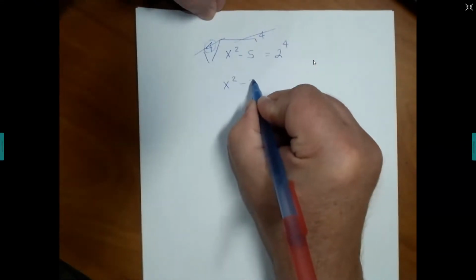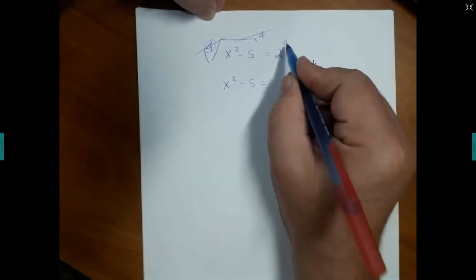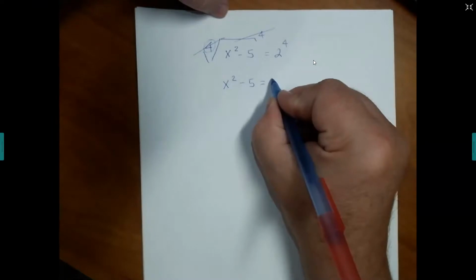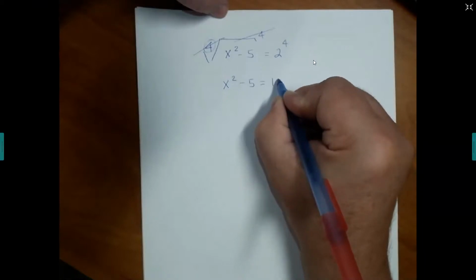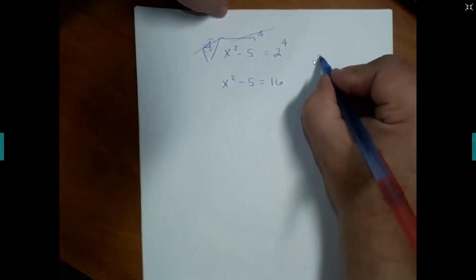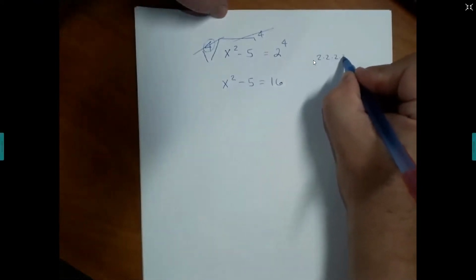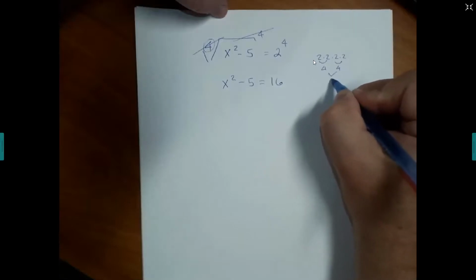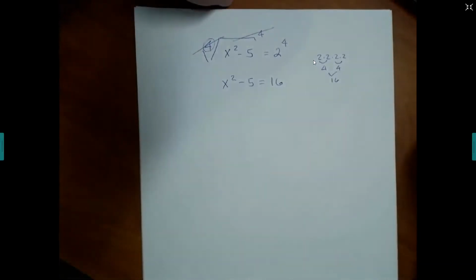X squared minus 5 equals 2 to the 4th. What is 2 to the 4th? 2 times 2 times 2 times 2. 4 times 4 is 16.